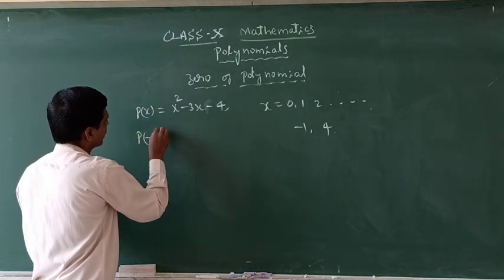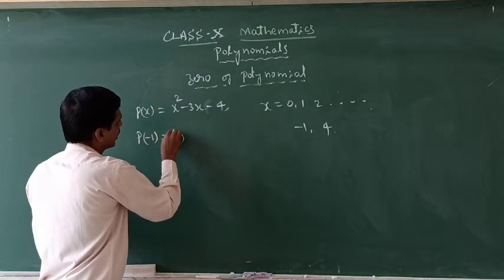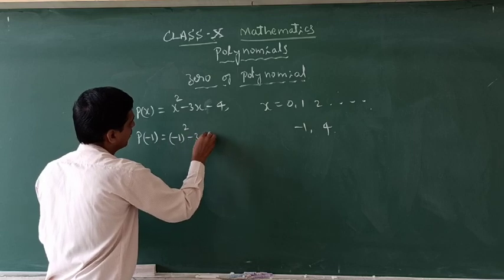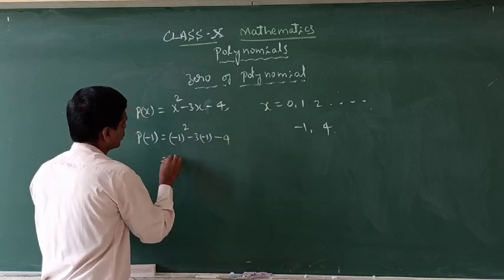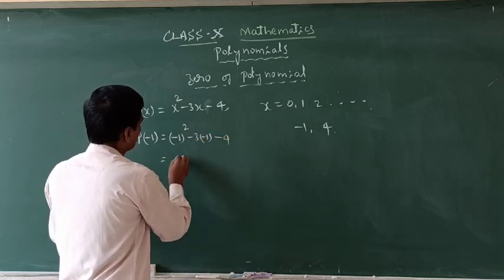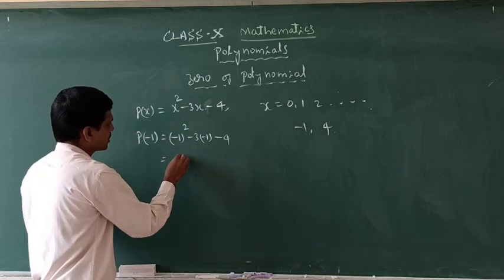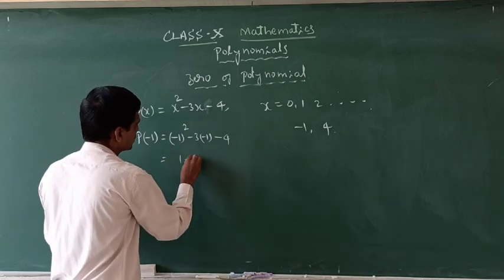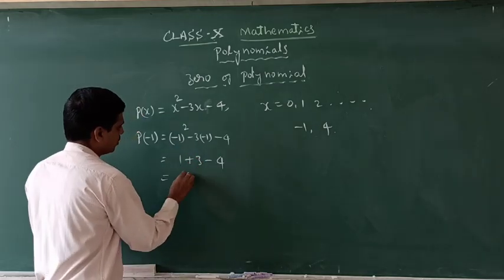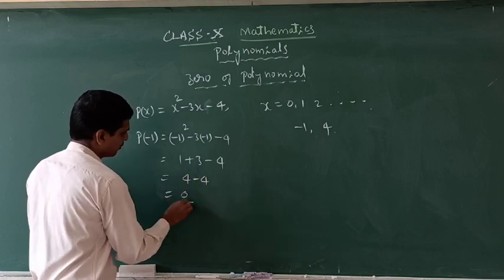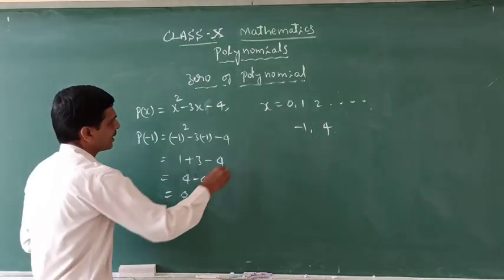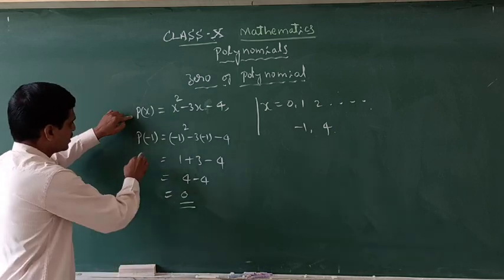P of minus 1 is equal to minus 1 square minus 3 into minus 1 minus 4. Minus into minus is plus, so 1 plus 3 minus 4. So 4 minus 4, you will get 0. This is one value.